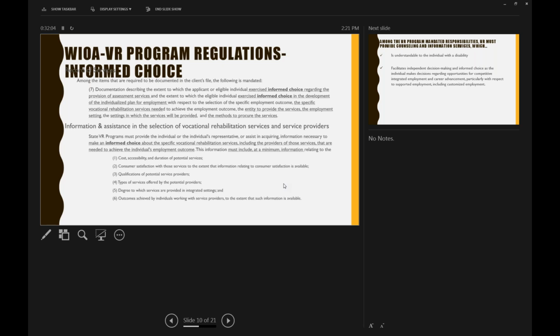They need to have things in place to collect customer satisfaction and have it available for the public. They need to always keep the individual at the forefront of the information that's shared, so that the person can make an informed decision.